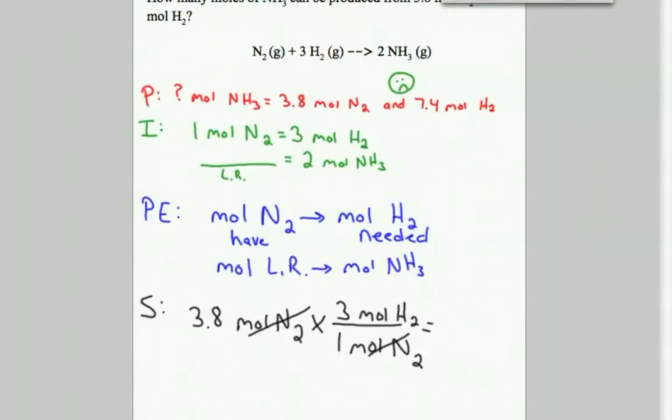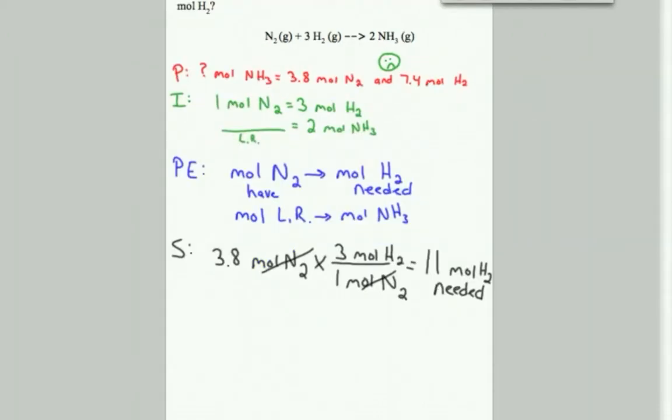Now we have to find a calculator. So I need 11 moles of hydrogen if I want to use up all of my nitrogen.